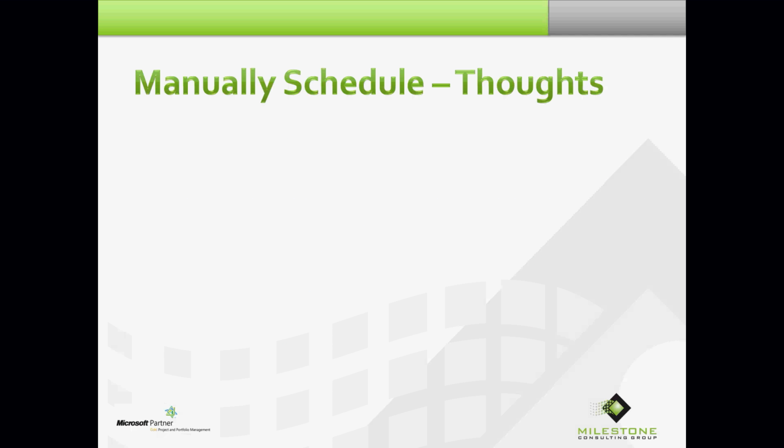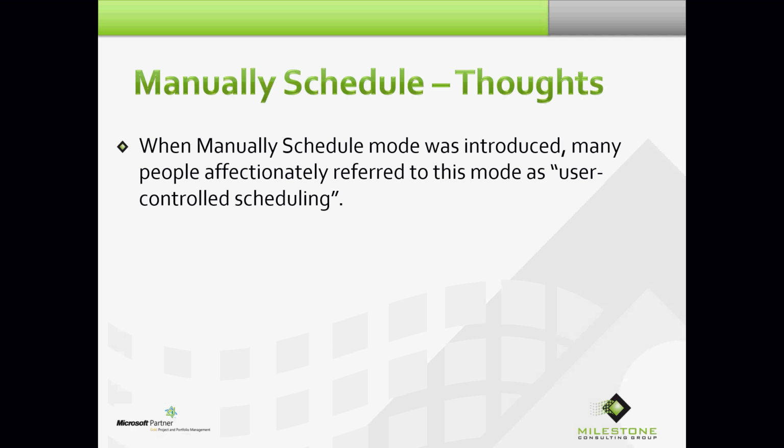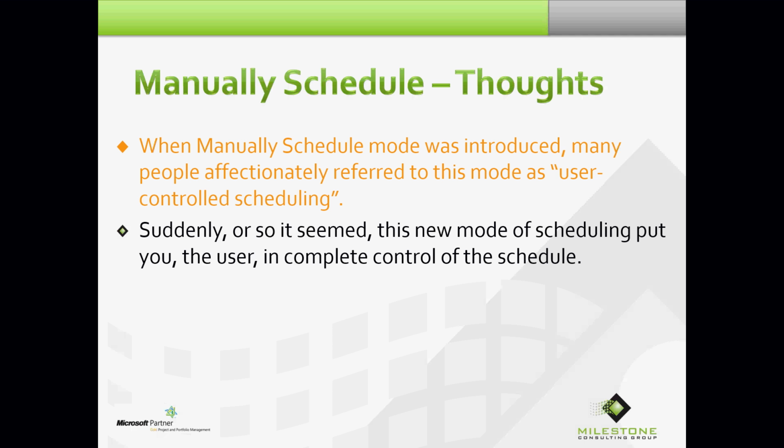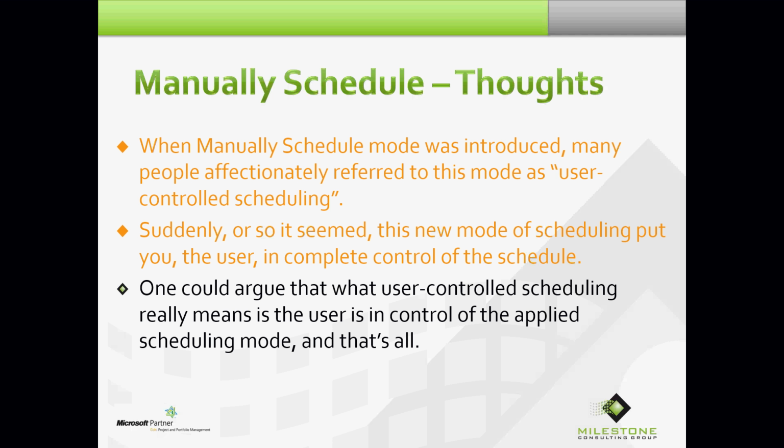So based on these observations, I put some thoughts together. Again, when manually scheduled mode was introduced, many people affectionately referred to this mode as user-controlled scheduling. Suddenly, or so it seemed, this new mode of scheduling put you, the user, in complete control of the schedule. One could argue that what user-controlled scheduling really means is the user is in control of the applied scheduling mode, and that's all.